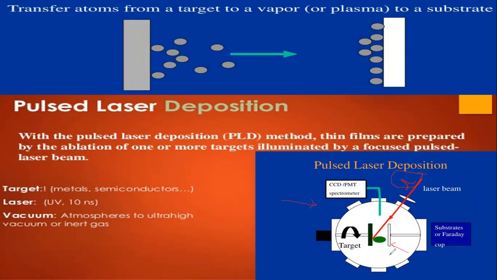Whenever the pulsed laser beam is bombarded onto the target, at the same time some ablation happens. Ablation means that some particles are emitted, knocked out from the targeted material. Okay, and at the same time the plasma is created.